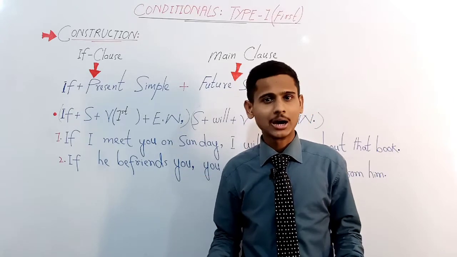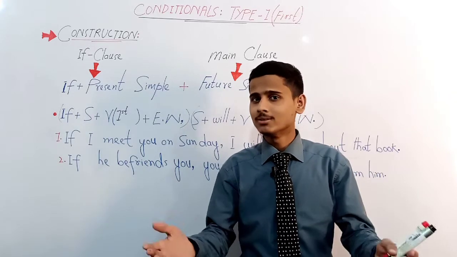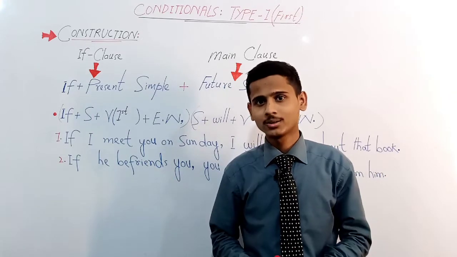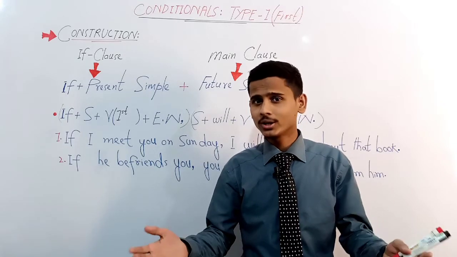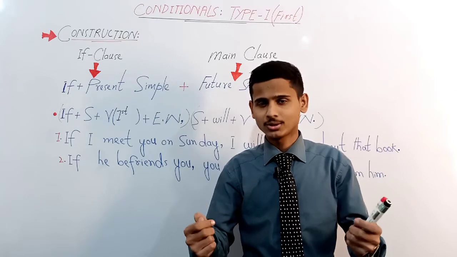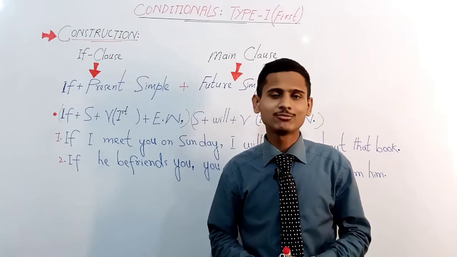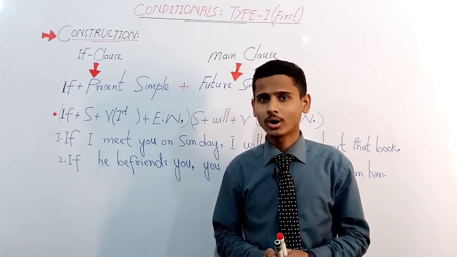Or if I run regularly, I will become a good runner, right? If I don't eat food, I will become thinner, or I will become gaunt, right? These are the verbal example sentences with conditionals type first or 1.